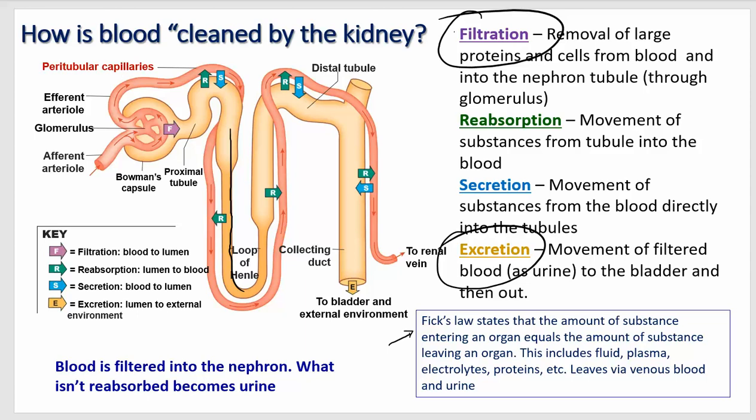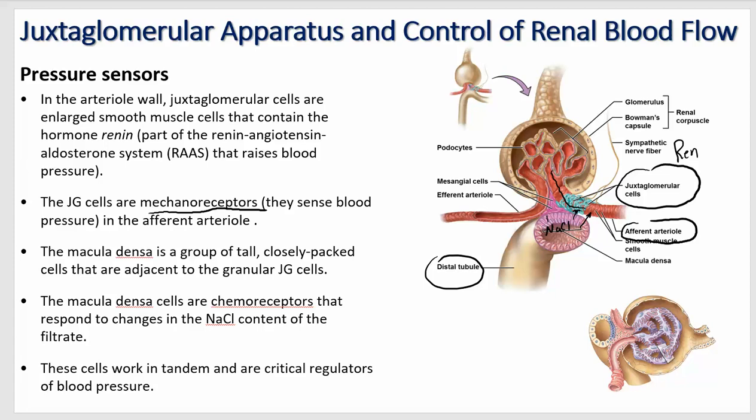Okay, so I just went back to a slide. I always forget this. Fick's law states that the amount of substance entering an organ equals the amount of substance leaving an organ. This includes fluid, plasma, electrolytes, proteins, etc. So let's apply this here. This is our afferent arteriole, and say there's a whole lot of blood moving in here.